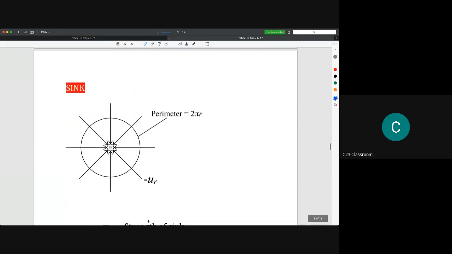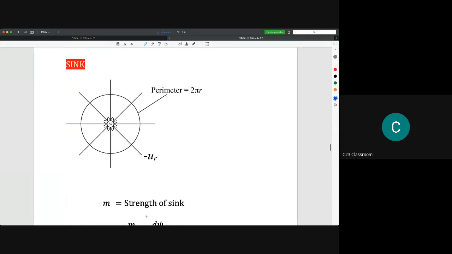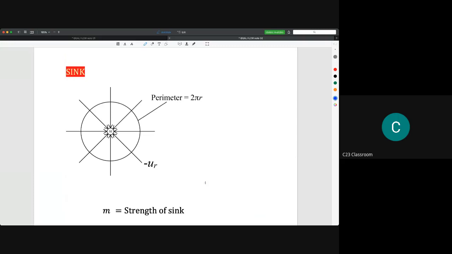Okay, next, we are evaluating sink. Okay, so what is sink? So sink is actually a reverse flow of source. So if source, we have one source here, and then water will flow forward outside the source like this one. And for sink, we have the reverse direction. So for sink, you just imagine that you have a sink at your home.